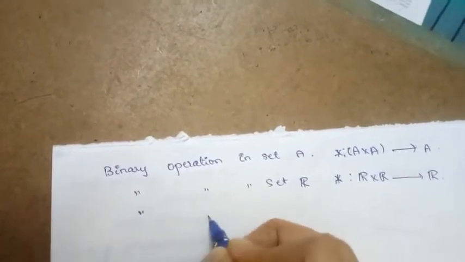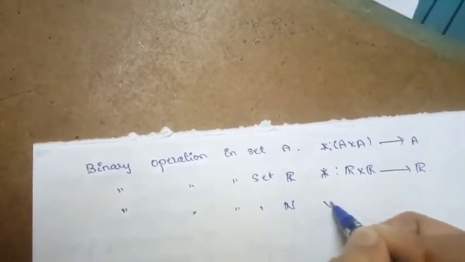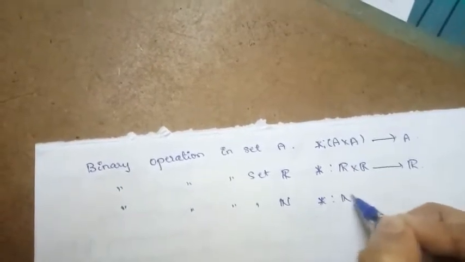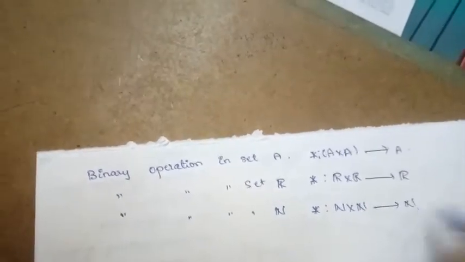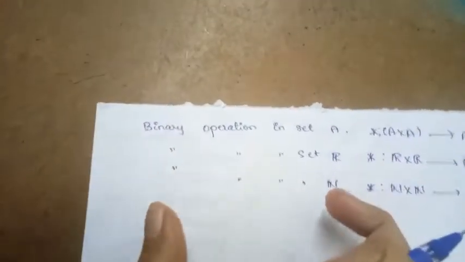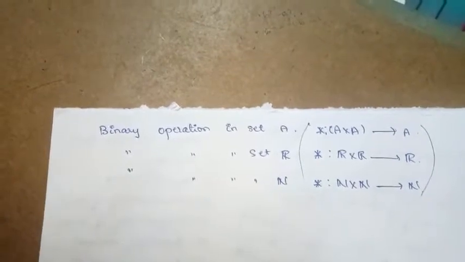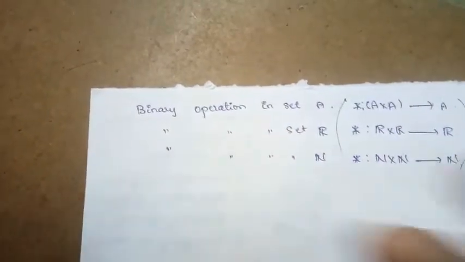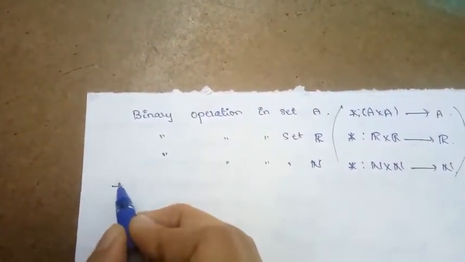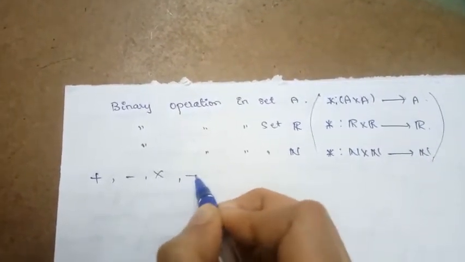Suppose I say binary operation in the set of natural numbers, at that time star, such that N cross N to N. So this is how a verbal statement can be written in the form of representing or denoting the binary operation.